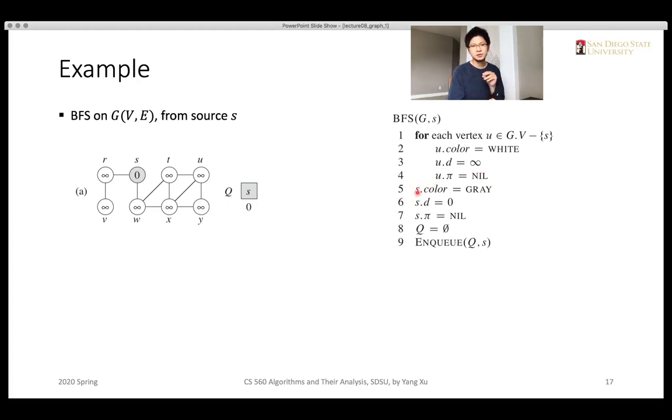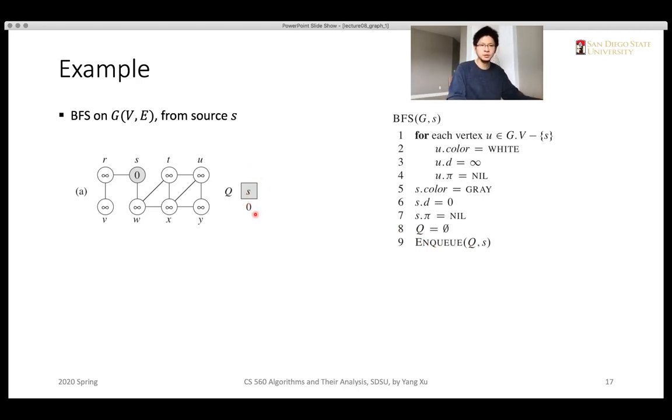And for the source vertex S, its color is gray, its distance is set to 0, and its parent is also none. And then we initialize the Q, and we enqueue S to Q. So now S is within the Q here.